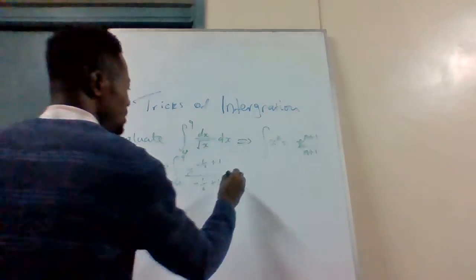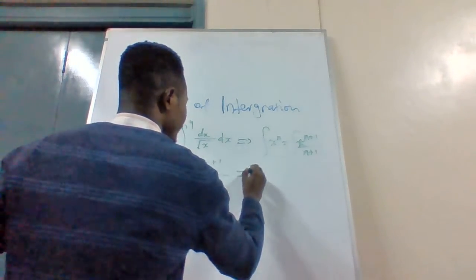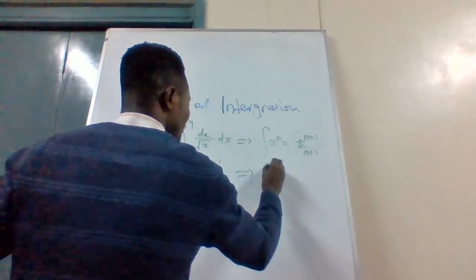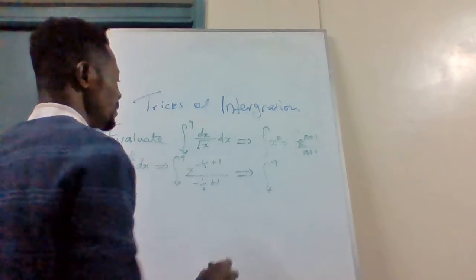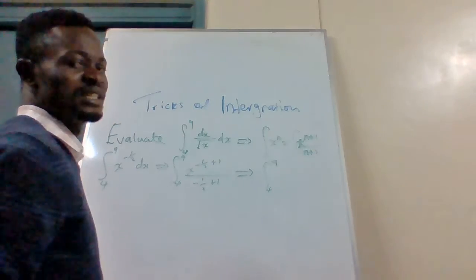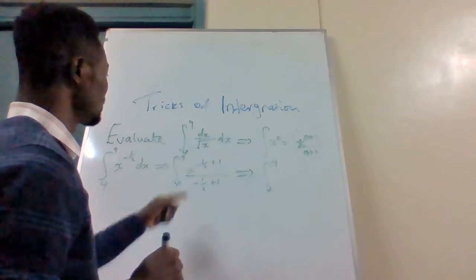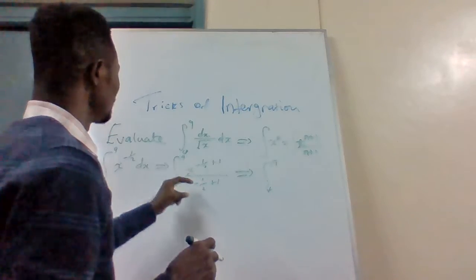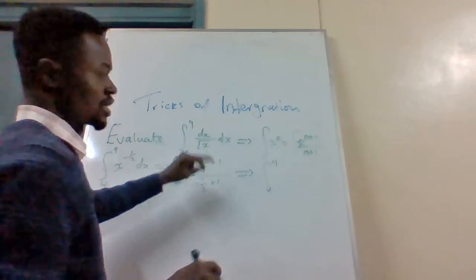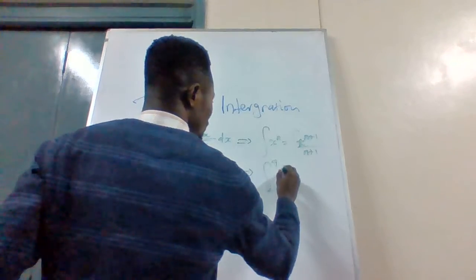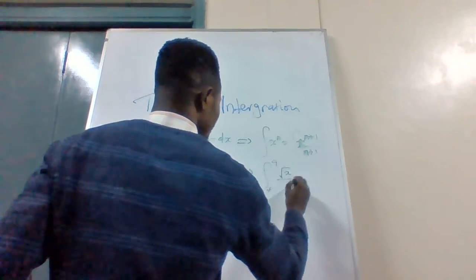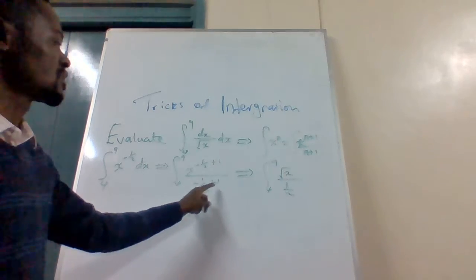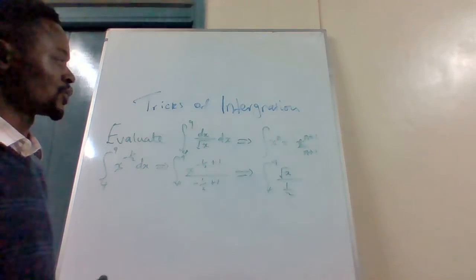Negative a half plus 1 is just a half. And x raised to a half can as well be written as root x. So we have root x divided by a half, which is positive because when you add these together, it becomes positive.